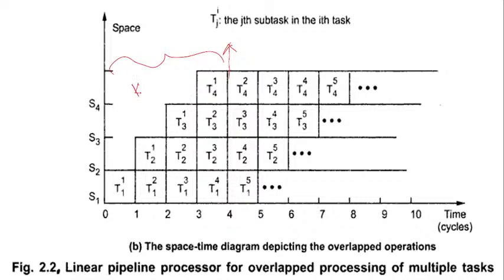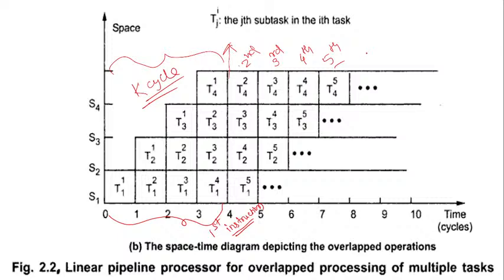It required k cycles to execute the first instruction. This is the first instruction. Then in the next 5th clock cycle, the second instruction is executed, the third instruction is executed, the fourth instruction is executed, fifth, likewise continuous.